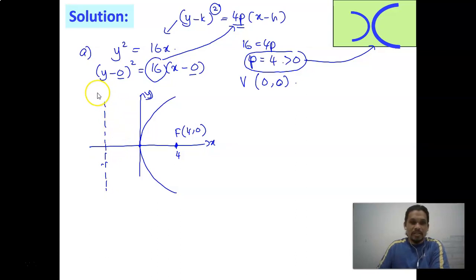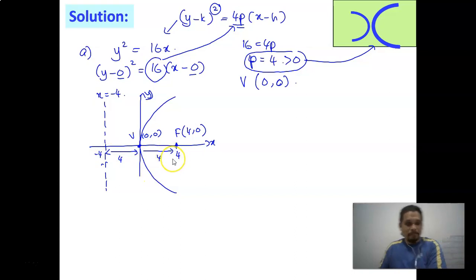This is the directrix, the line x equal to negative 4. And the vertex is (0, 0). The distance from the vertex to the directrix line is 4 units to the left, and from the vertex to the focus is 4 units to the right. So this is the first graph of a parabola, for example 1.